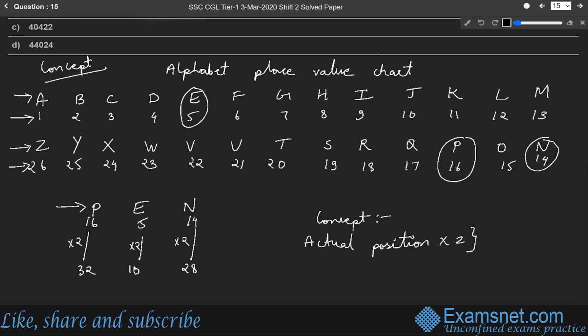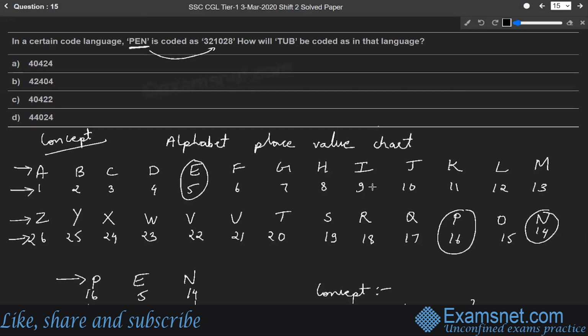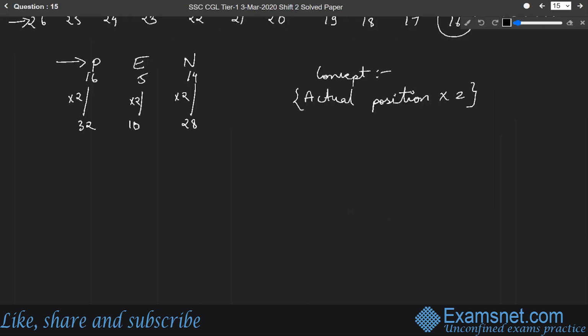This is the concept. Actual position is the positional value. So let us check it for the word TUB. We have to apply the same concept here. We have to identify how tub will be coded in the same language.